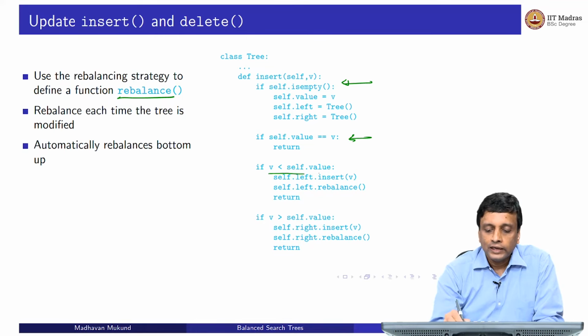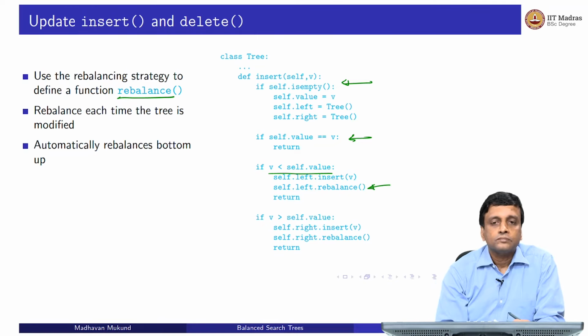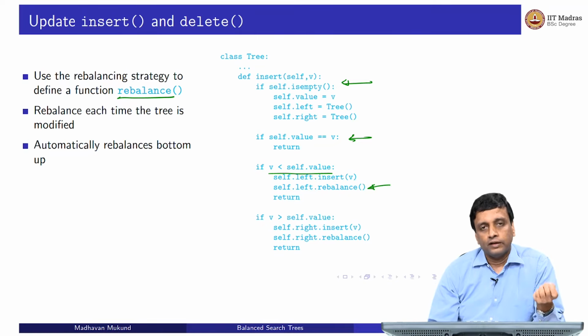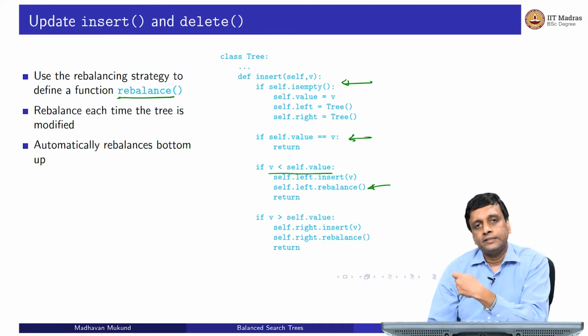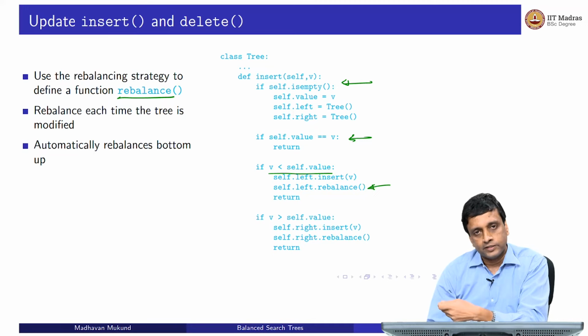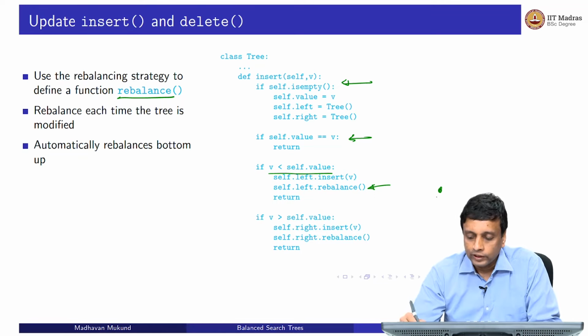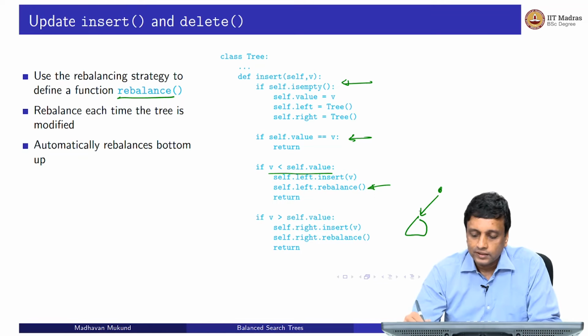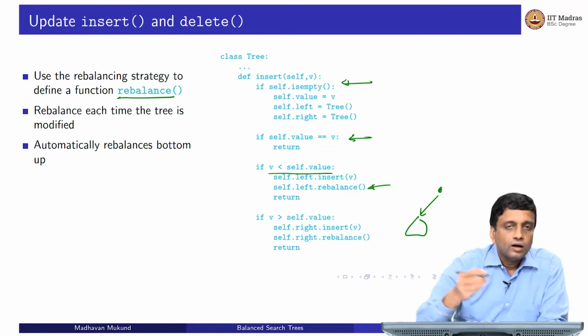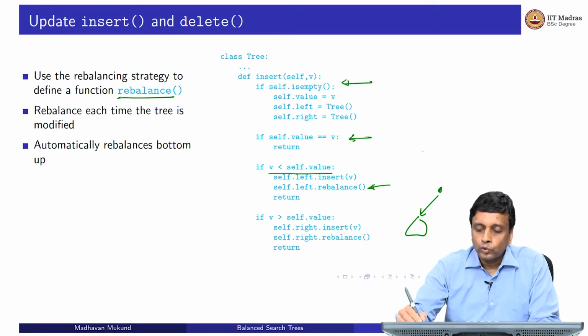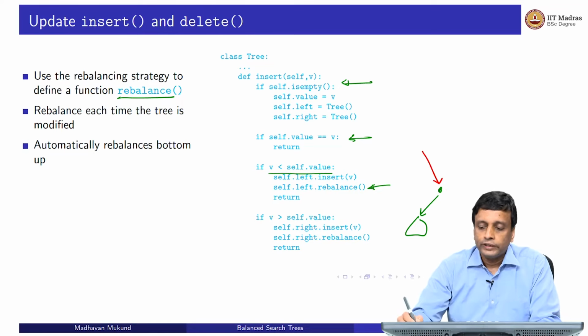If I go to the left and I insert it, then potentially I have to rebalance it. After I insert on the left hand side, the left hand side might change and therefore I will rebalance it. Now, notice that I am going here and saying rebalance this thing, but the insert could have come to me from above. So it will now at the next level ask to rebalance this node.